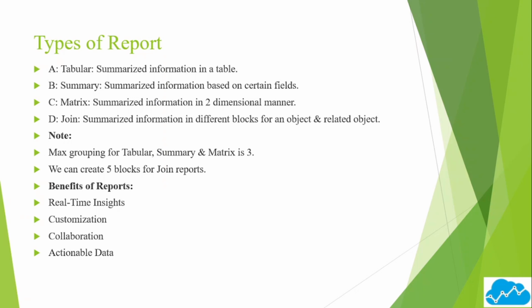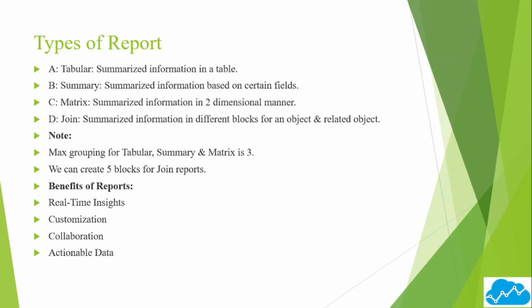A summary report summarizes the information based on certain fields and displays the report row-wise, grouping records based on fields. A matrix report summarizes information in a two-dimensional manner. The report is column-wise and row-wise grouping of records.